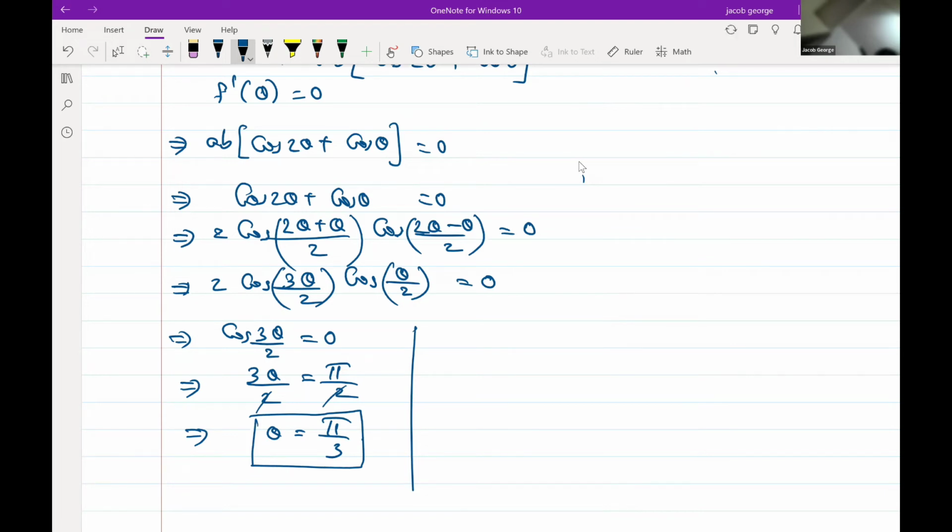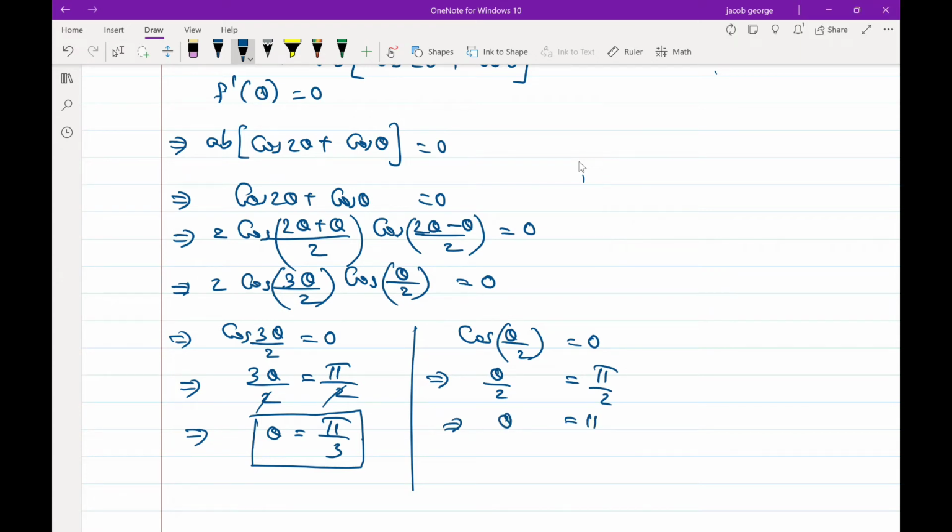Now, if you equate the second factor to 0, what will be the value of theta? Here also, theta by 2 is pi by 2. What is theta from here? Theta is pi. Is it possible? No. Not possible because theta is an acute angle.